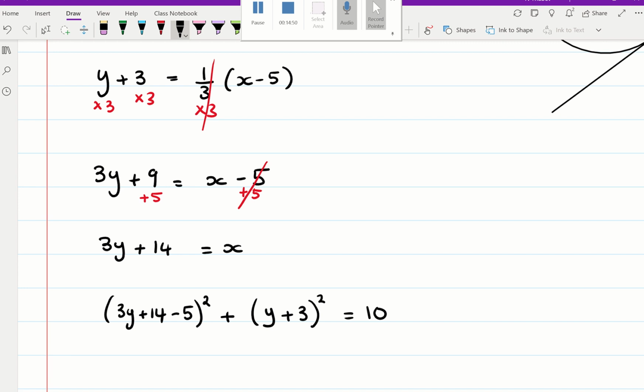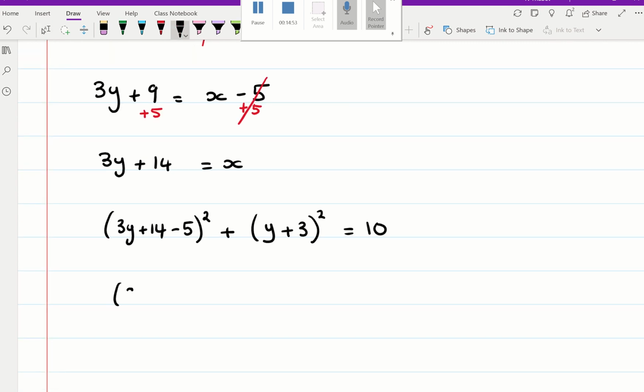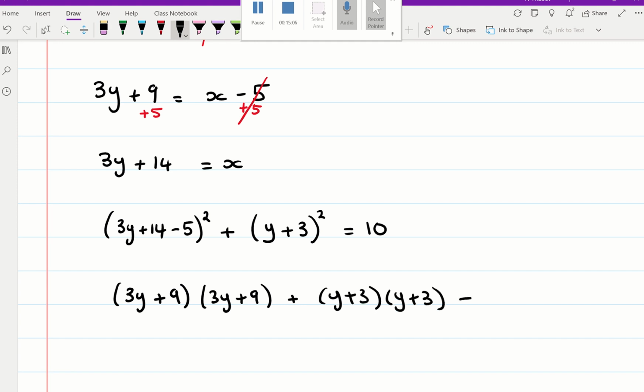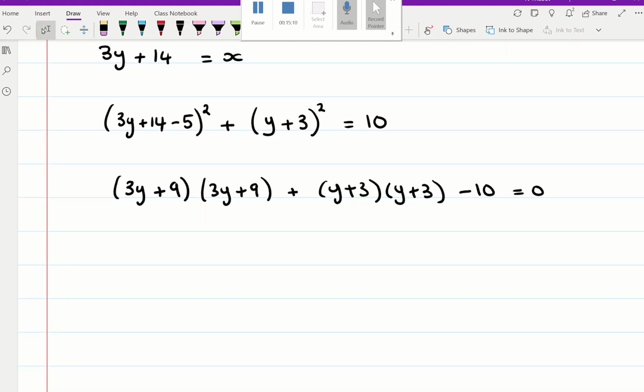So I've got 3y plus 9 squared, which is really 3y plus 9 in a double bracket, and this is y plus 3 times y plus 3, and I'm going to put negative 10 equals 0 because it's going to be a quadratic.